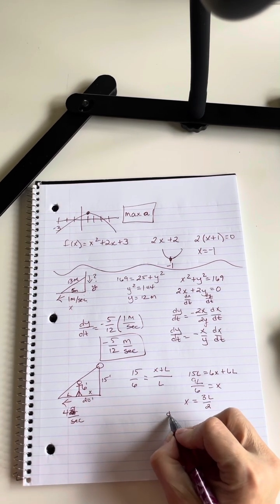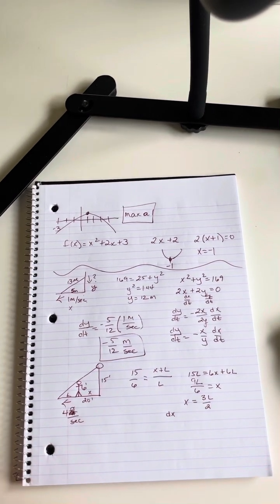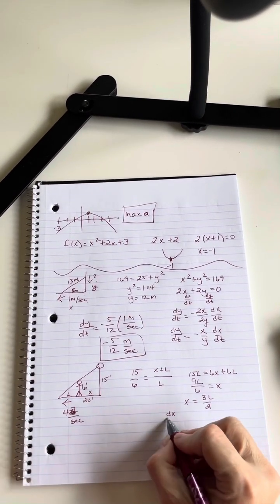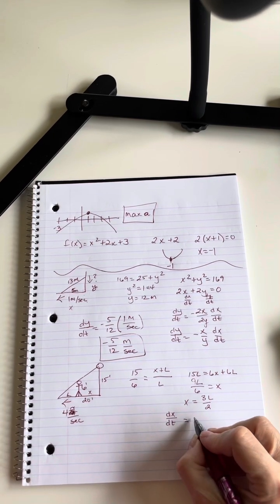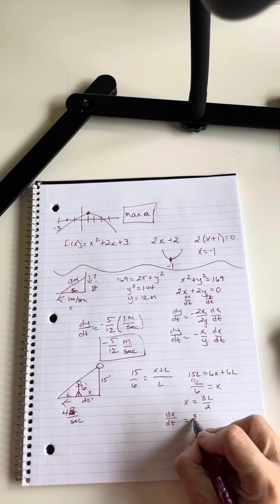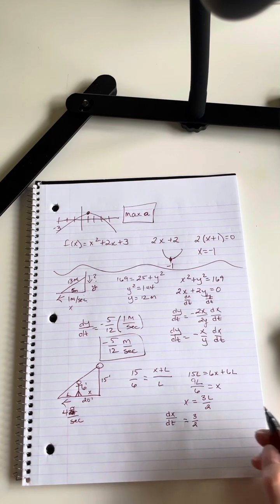So this X goes to dx, and again, because I'm dealing with time, over dt equals 3/2 acting as my coefficient.